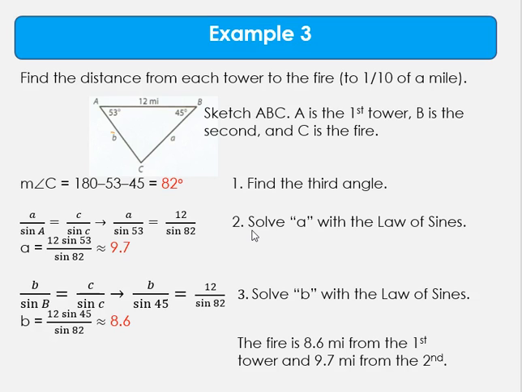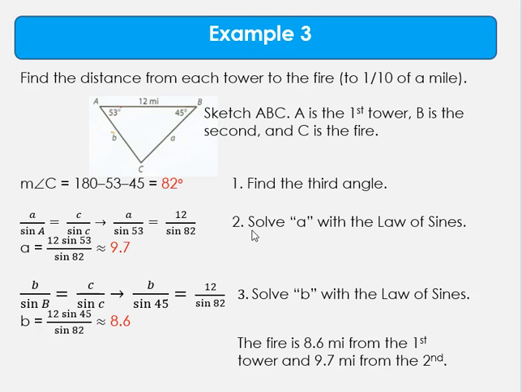In example 3, we're going to find the distance from each tower to a fire. And I believe what they actually say in example 3 for the problem is this. A ranger in a fire tower spots a forest fire located 53 degrees south of east.